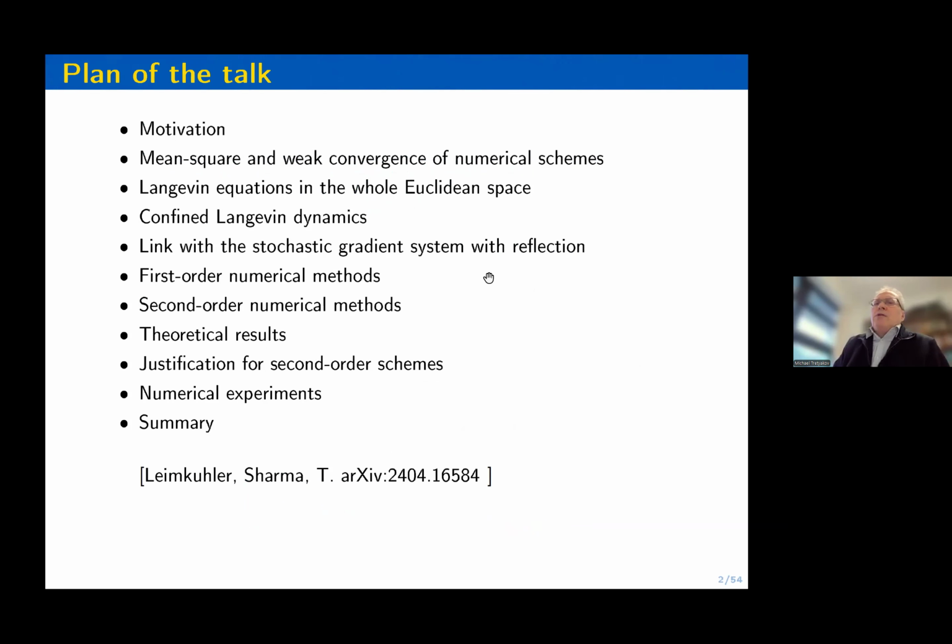I will start with motivation, saying why we are interested in this object, and then keeping in mind the breadth and depth of this seminar, and also those who attend the seminar, I will put a little bit this talk in the broader context of stochastic numerics, and this will be the next 2 bullet points.